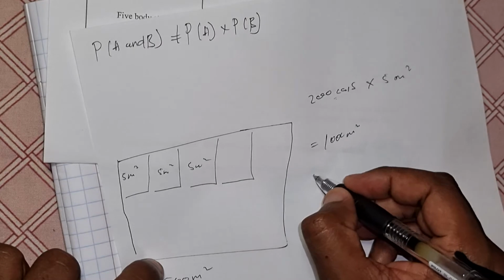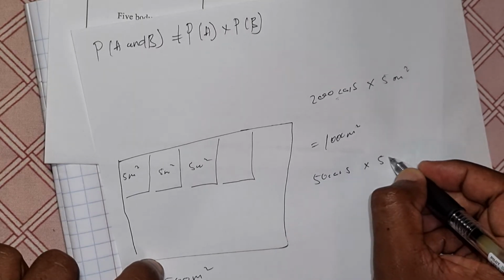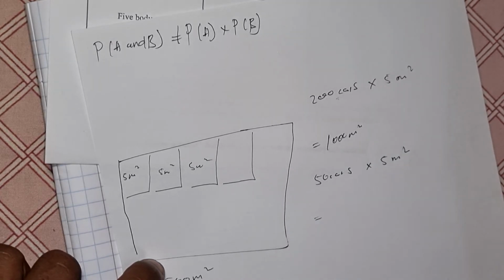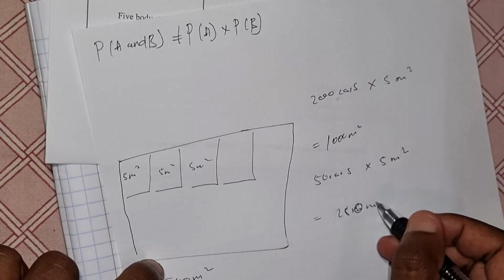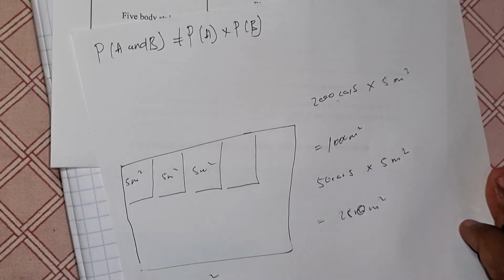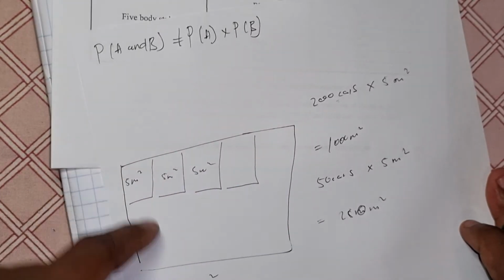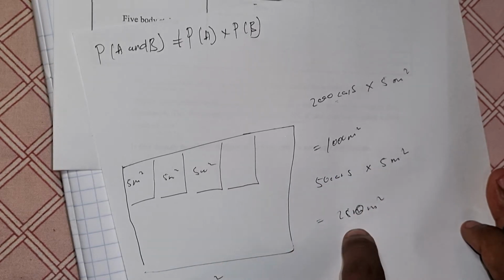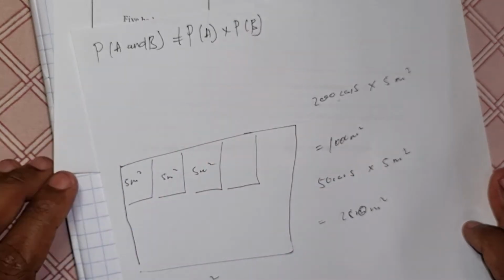But if, for example, you have 50 cars, and each car occupies 5 meters squared, 50 multiplied by 5 gives us 250 meters squared. So these 50 cars will most definitely fit in this area of 500 meters squared, because 50 cars only occupy 250 meters squared.